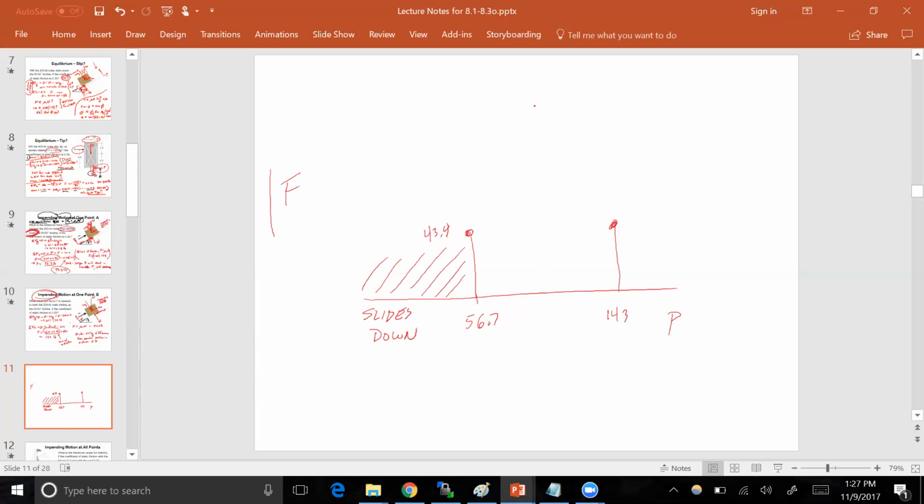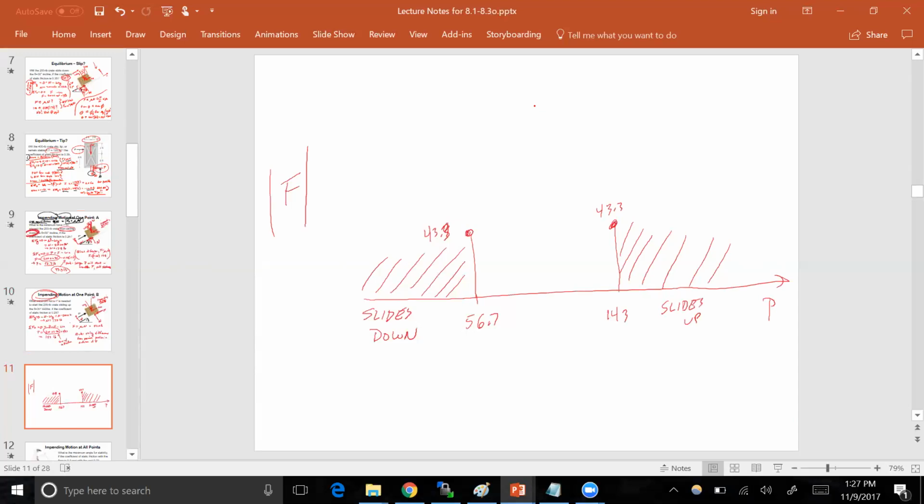Let's just talk about the magnitude of the friction force because the direction is flipping, right? It's basically at 43.3 again. And if we go into this region, what's happening to the box? It's moving up the plane, right? It slides up the plane, right?